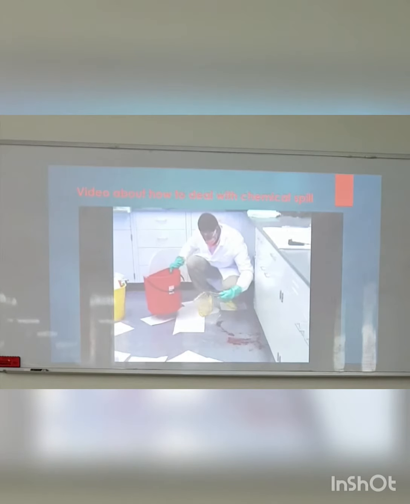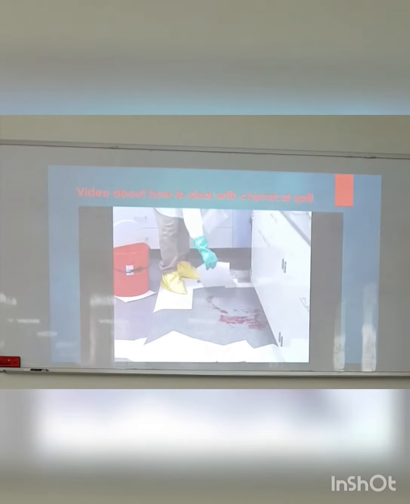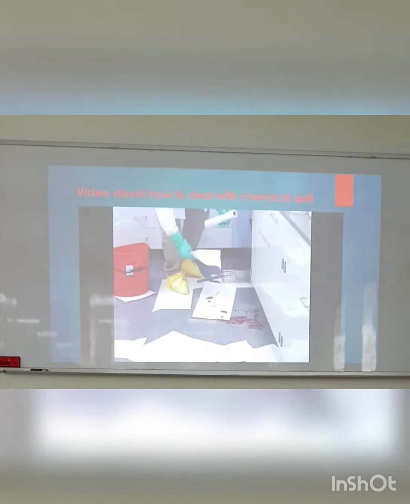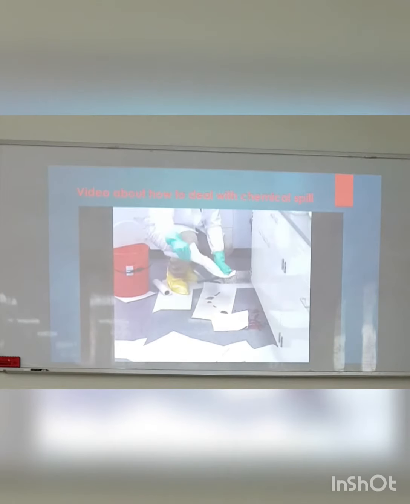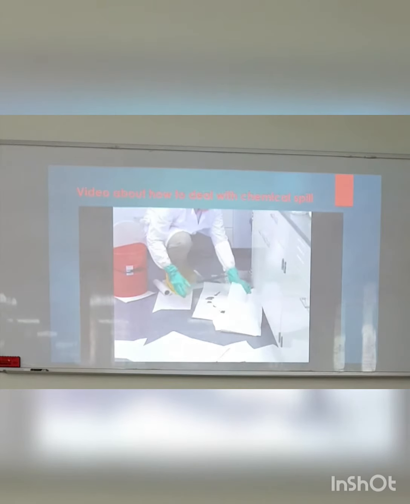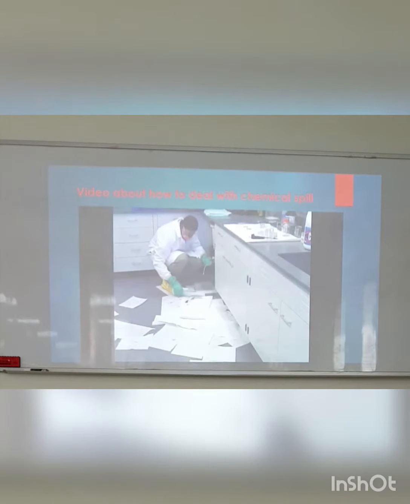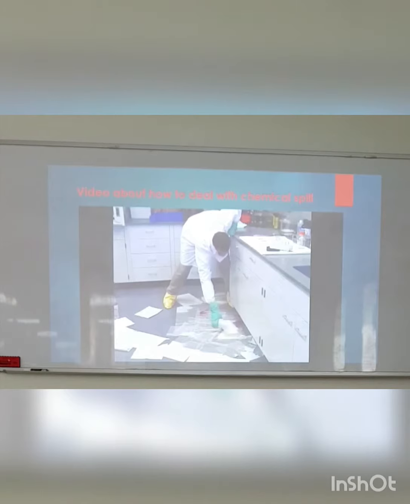Set aside any contaminated equipment for later decontamination. Next, place absorbent materials on top of the spill and add disinfectant, usually a 10-to-1 dilution of freshly prepared bleach solution, first around the edges and then in the middle of the spill. The disinfectant must remain in contact with the spilled material for at least 15 minutes.